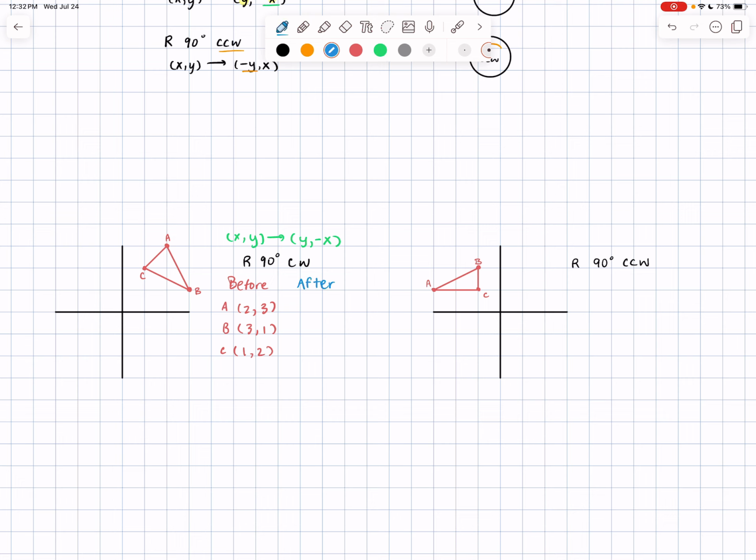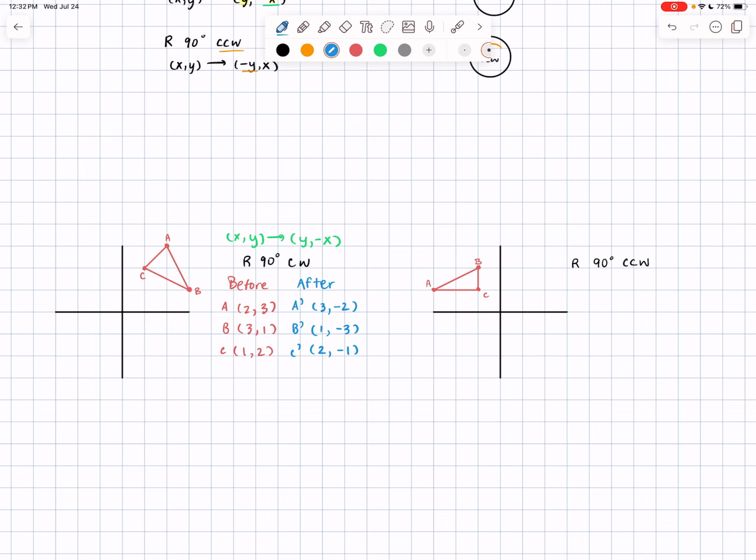After, we're going to have A prime, B prime, and C prime. So we're going to switch the X and the Y, and then change the sign of the X, which is now on the Y side. So we get 3, negative 2, then 1, negative 3, and 2, negative 1.